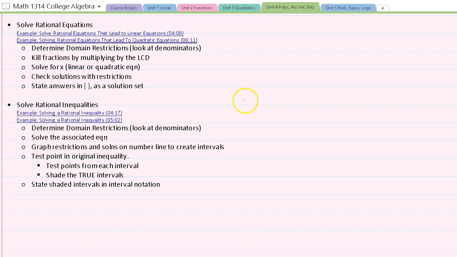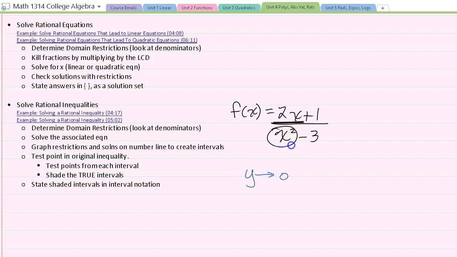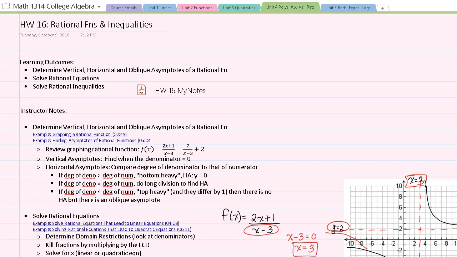So for example, if we have f of x is equal to 2x plus 1 over x squared minus 3, we know that as x approaches infinity or negative infinity, the y value approaches 0, since the denominator contains x squared, which will be very big and definitely bigger than 2x, which is in the numerator. If the numerator and the denominator have the same degree, the values increase at the same rate.